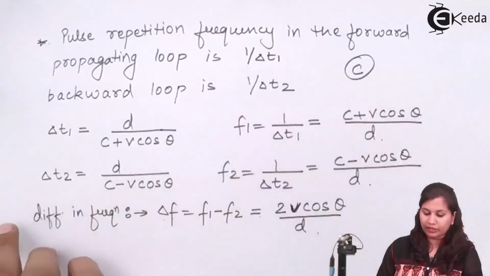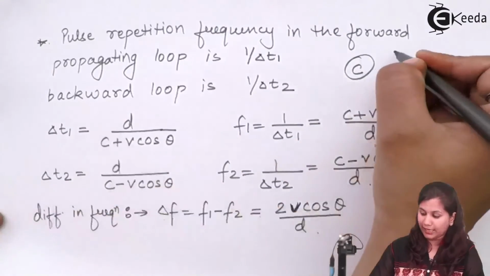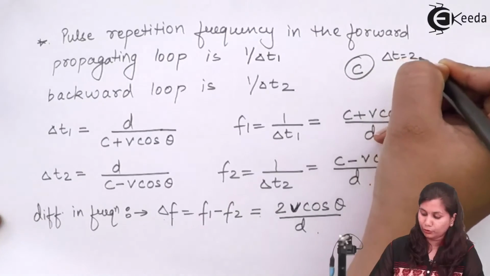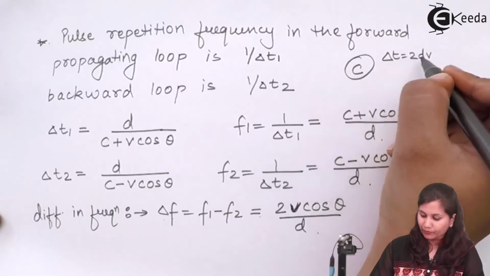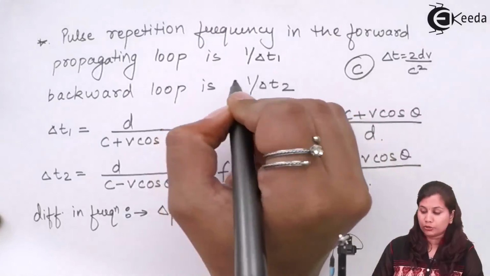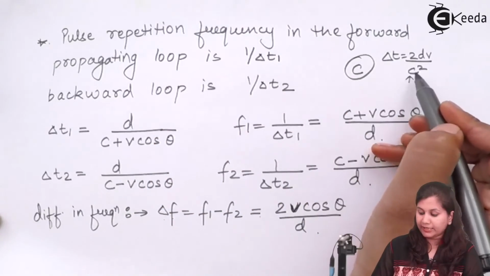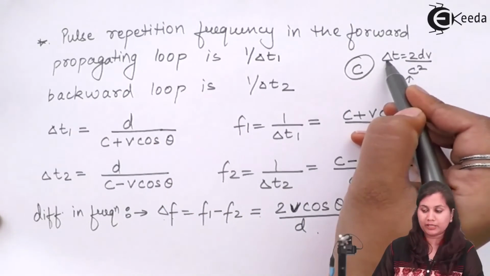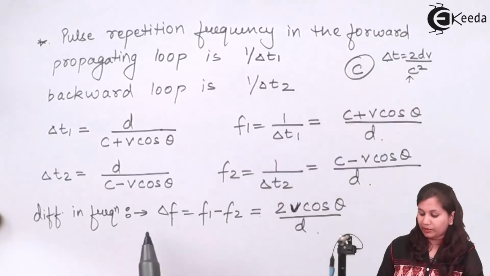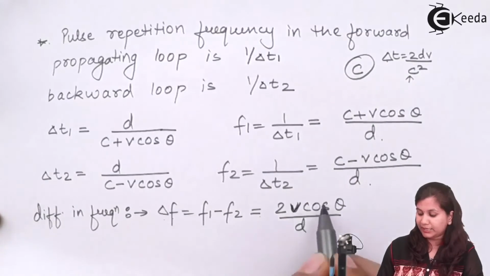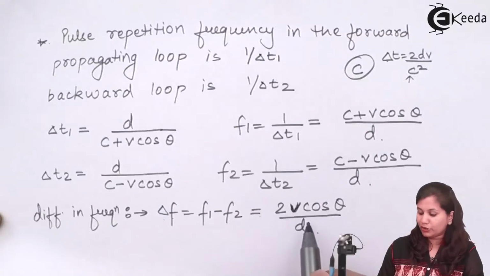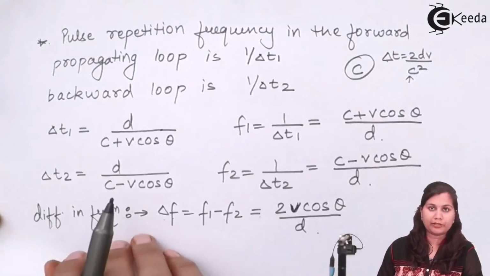Okay, there we were having the transit time, that is del T equals 2 dV upon C square. So if there is any error in this C, it is going to affect the measurement, that is transit time. Now here the frequency del F is independent of this term C, so it is not going to affect the measurements.